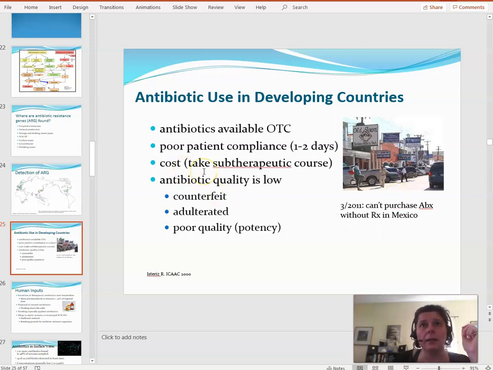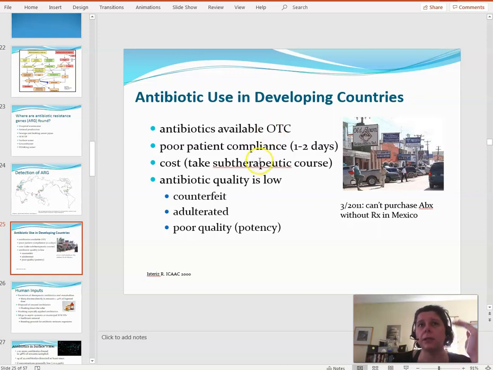Then there's cost and poor patient compliance, so people only take 1 to 2 days of their drugs instead of the whole amount. Some of it is a subtherapeutic course: we're not taking all of it because it might cost so much, so we might not take all of the antibiotics that we need to really get rid of the infection.